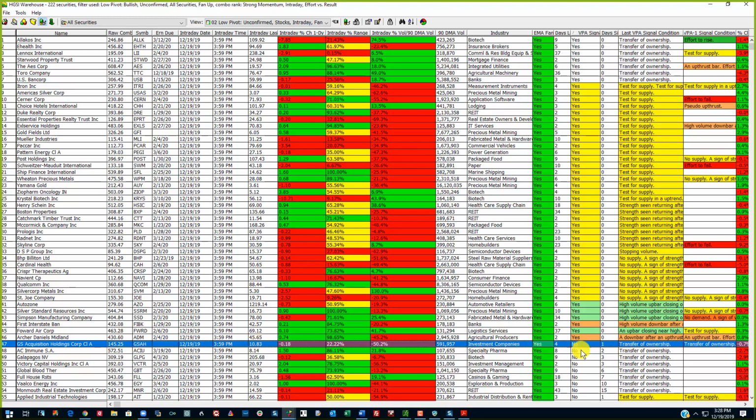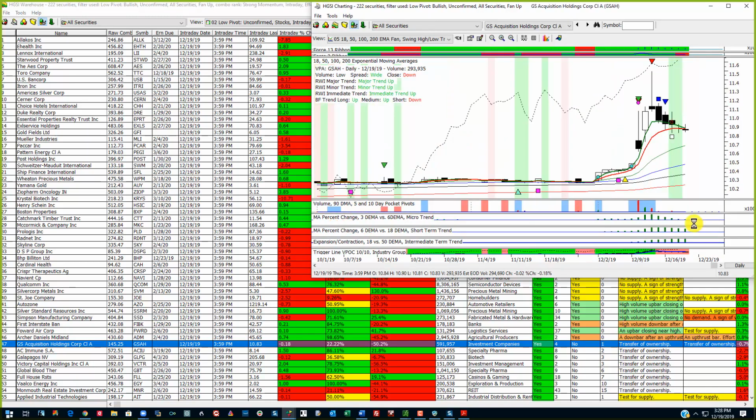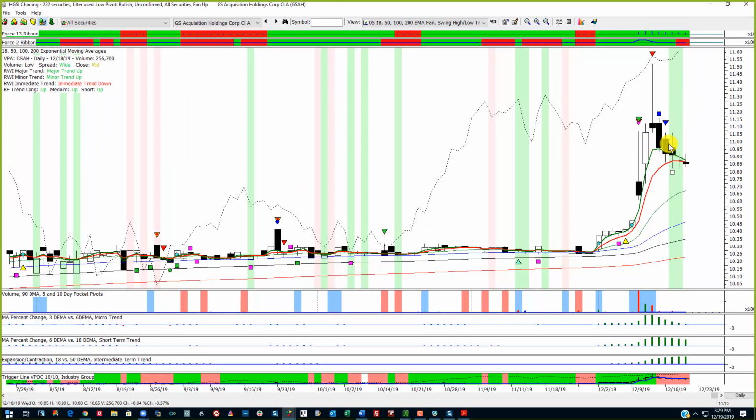This one didn't do anything, but let me bring it up and show you. The transfer of ownership was right here. This was yesterday where the pivot was generated. This stock did nothing today. And what I mean by a neutral signal, transfer of ownership, there's long wicks right here.